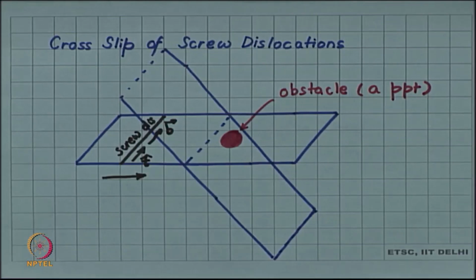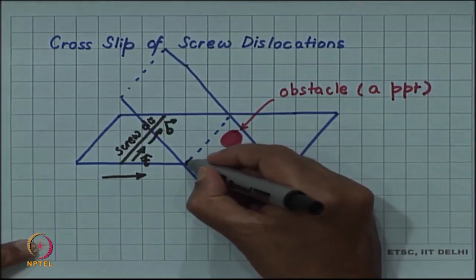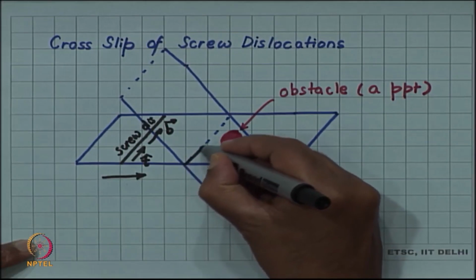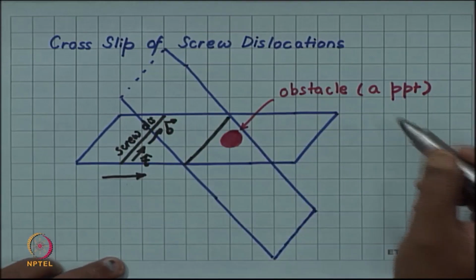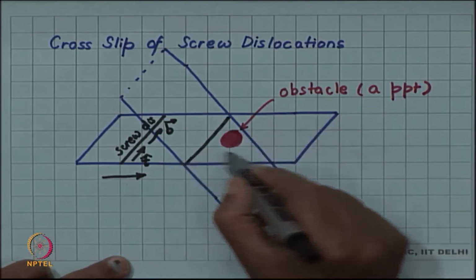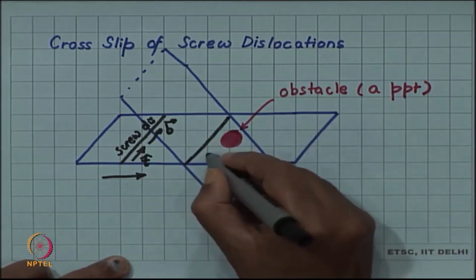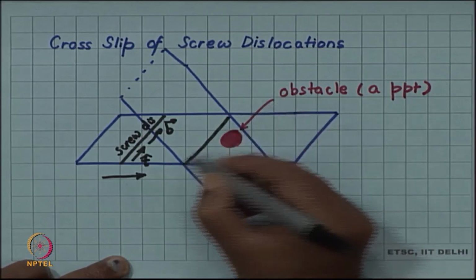So, this dislocation will be obstructed when it comes, let us say here, but if another plane is available for sliding, the dislocation can avoid this obstacle if it is a screw dislocation.